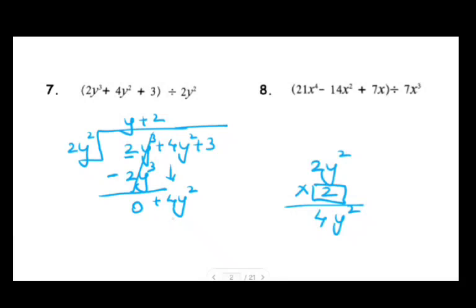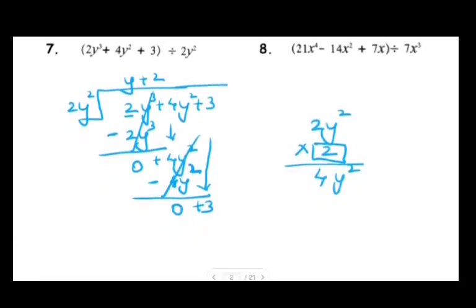And I get my 4y square, negative sign of the division, eliminated, 0, bring this down, which is plus 3.